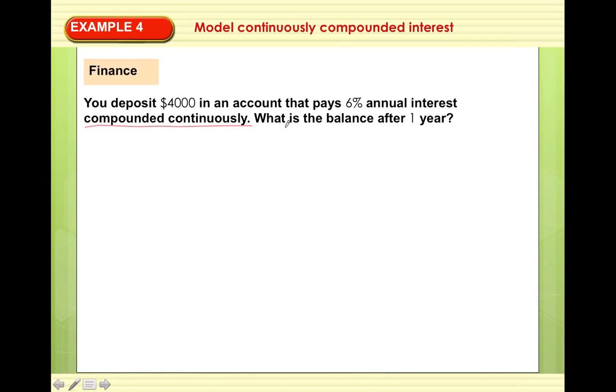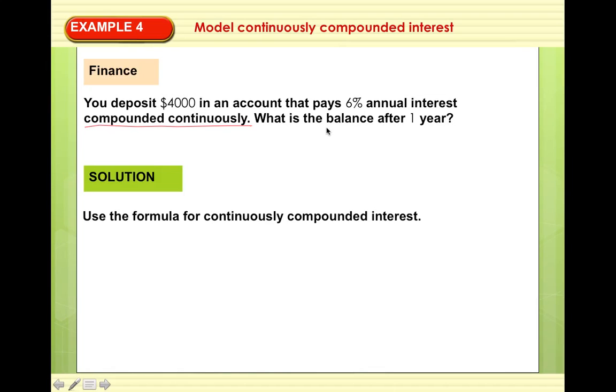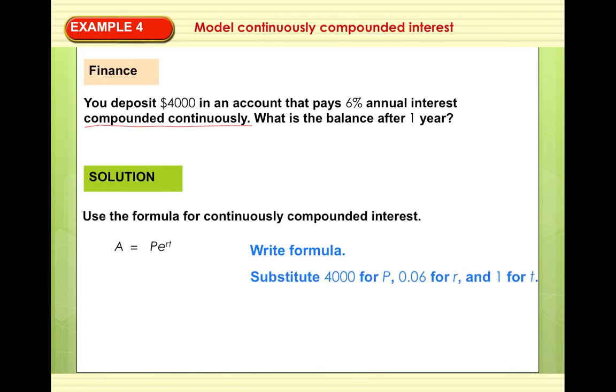Okay, so the question is, what is the balance after 1 year? So if we write out the formula, it's A or y equals Pe^(rt). It's the PERT formula. Okay, substitute the numbers we know in. So the 4,000 is our principal, or the initial amount.